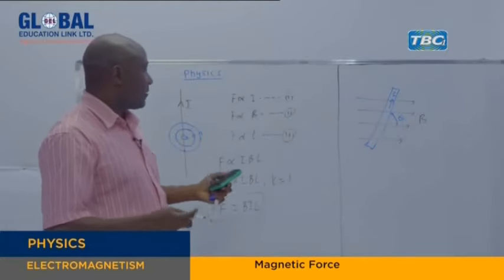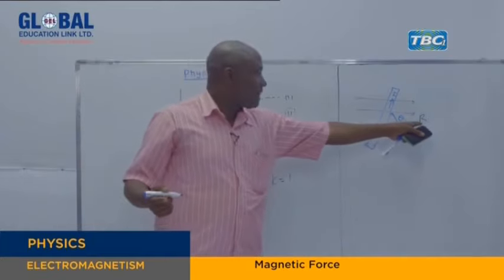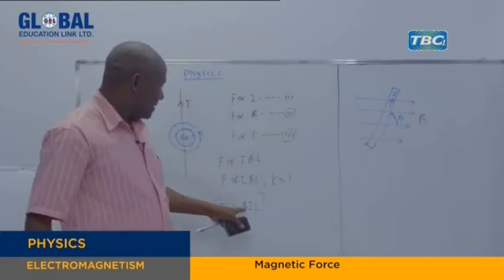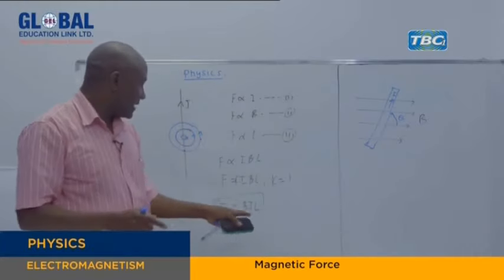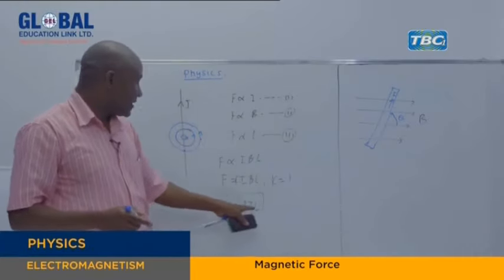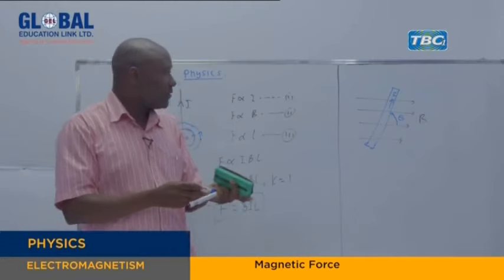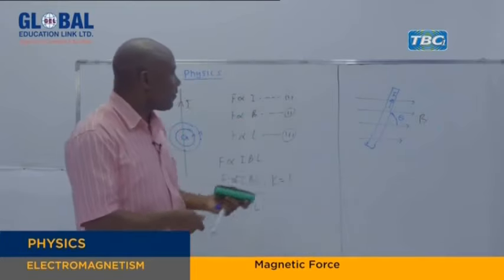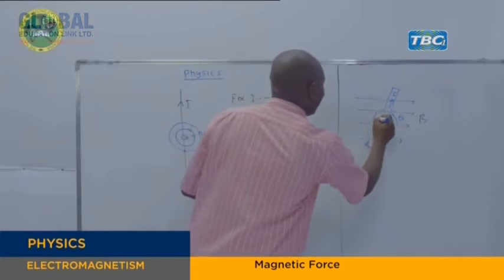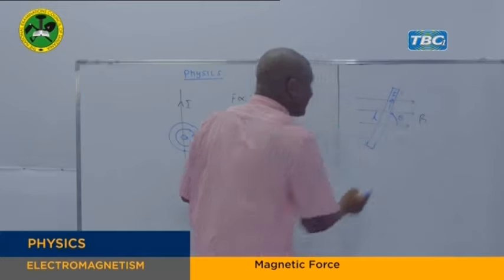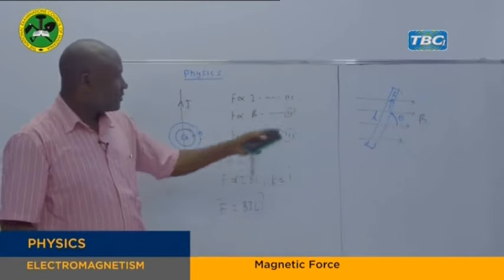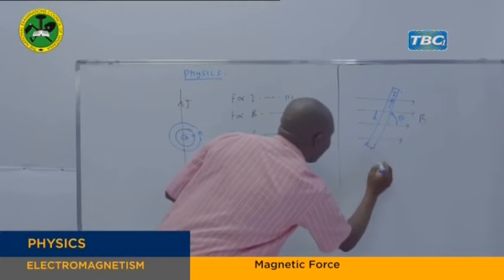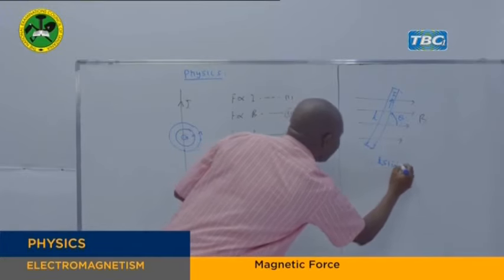And for the component which will be perpendicular to B, you should know that according to the formula, B is acting horizontally like that, and current is given. The quantity that we normally change here is the length. The length of the conductor which is perpendicular to B is not the whole length, so you should find the component of this length. Suppose this is our length. The component of the length which will be perpendicular to B will be given by L sine theta.